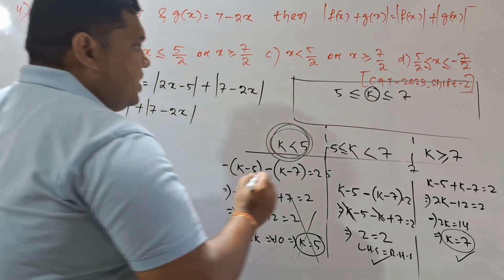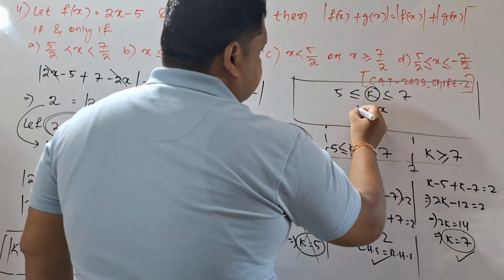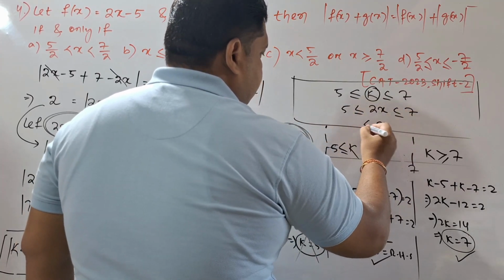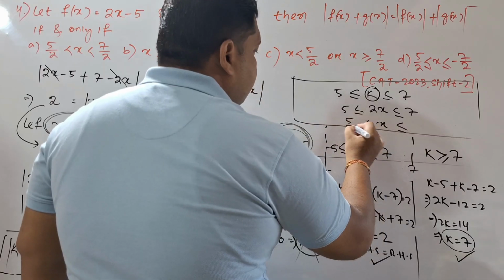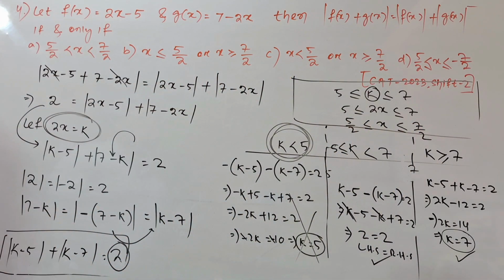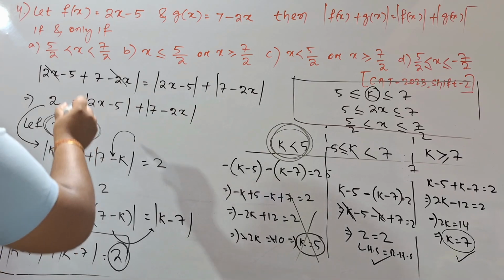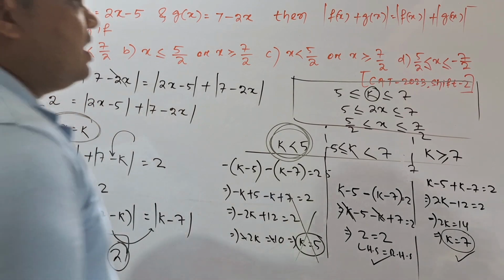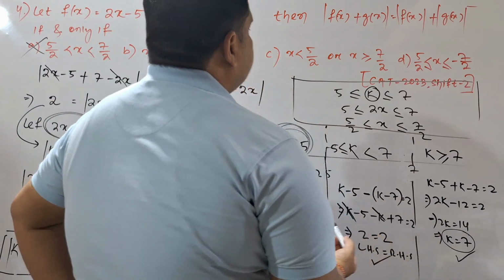So 2x lies within 5 to 7. So here I can write x is equal to 5 by 2 to 7 by 2. Which option is correct? 5 by 2 to 7 by 2. Is it less than or equal to? No. 5 by 2 to 7 by 2.